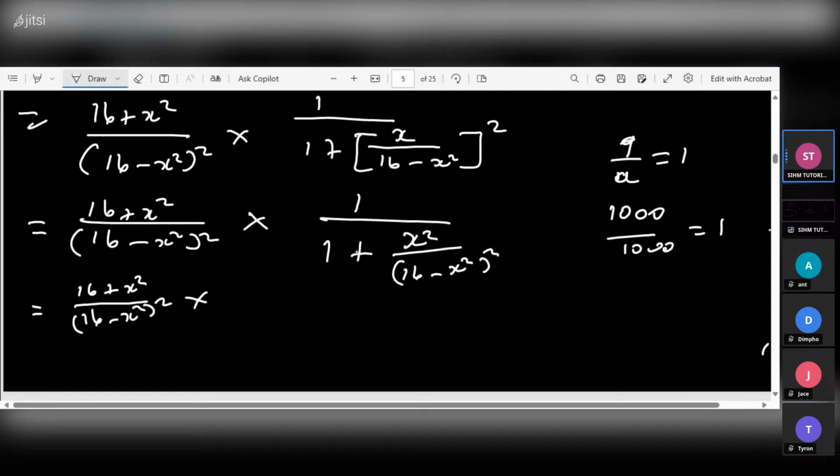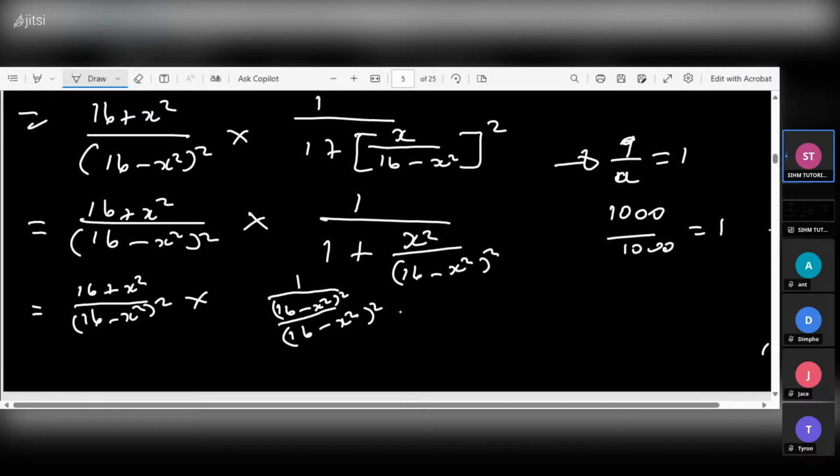here we're going to apply something like this. So this is still the same, we didn't change anything. So we're going to say that 1 divided by (16 minus x squared) divided by, supposed to be also squared here, the (16 minus x squared), and then all squared.